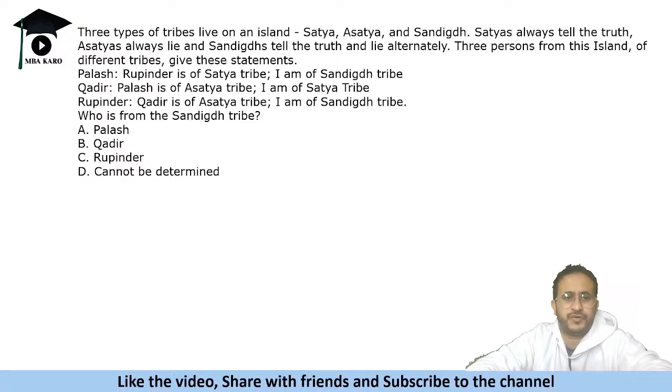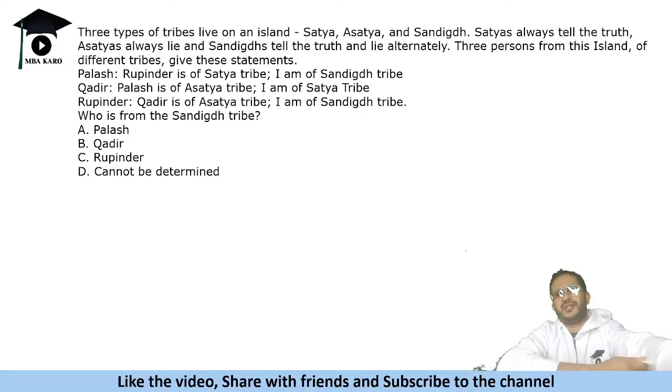Using this, you need to find who is from the Sandigdh tribe. So if you know binary logic, then maybe you can attempt this question in the exam. Otherwise, you can choose to skip this question.